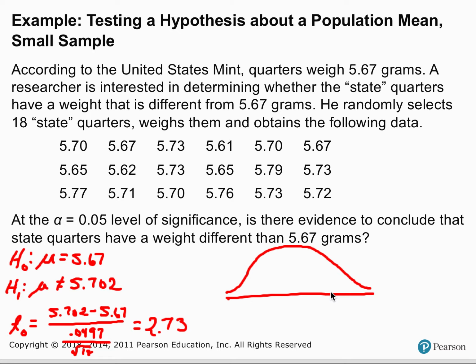It's a two-tailed test again. So what I'm looking for on my t-distribution table is 17 degrees of freedom, because it's 18 minus 1.